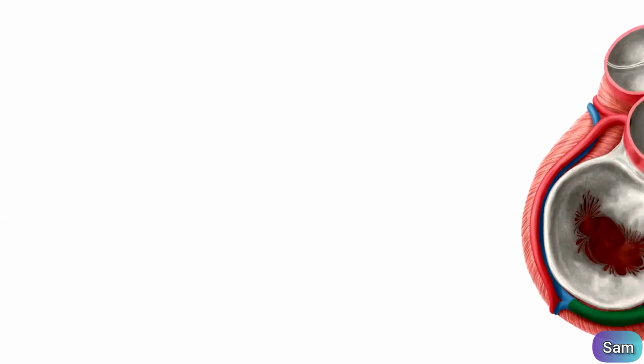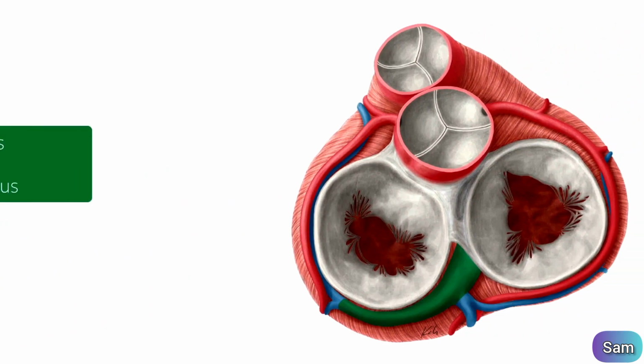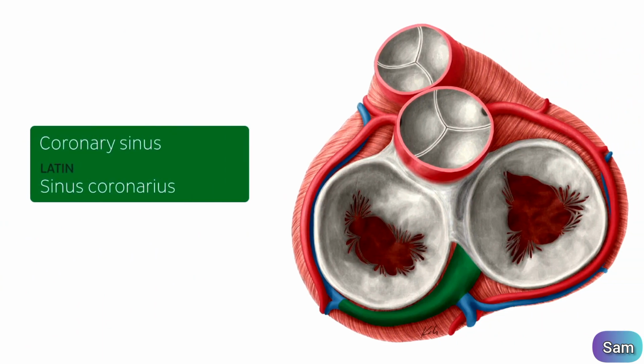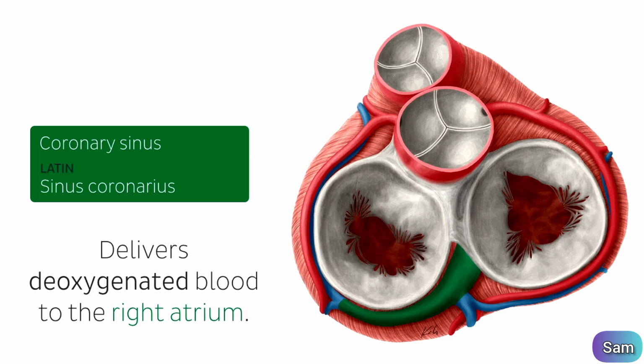Going back to this image, we're now highlighting a very important structure, the coronary sinus. Now, the coronary sinus is a collection of veins joined together to form a large vessel that collects blood from the heart muscle. The coronary sinus will be delivering deoxygenated blood to the right atrium, as do the superior vena cava and also the inferior vena cava.